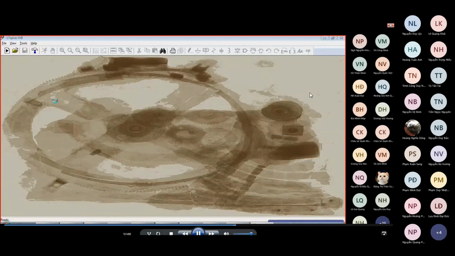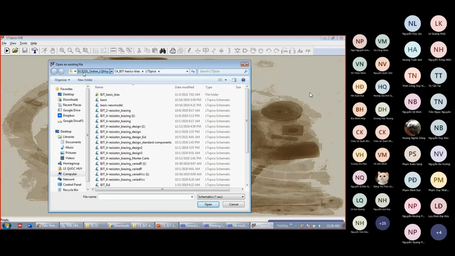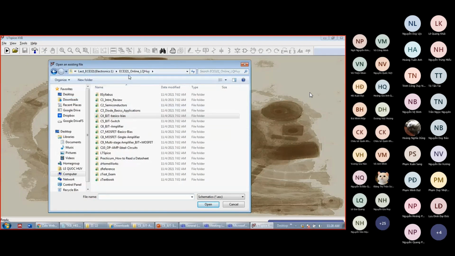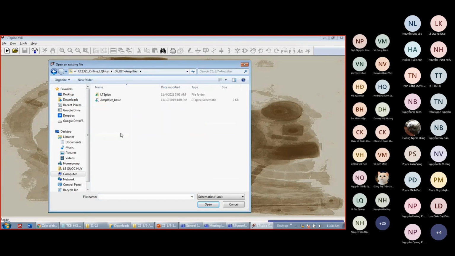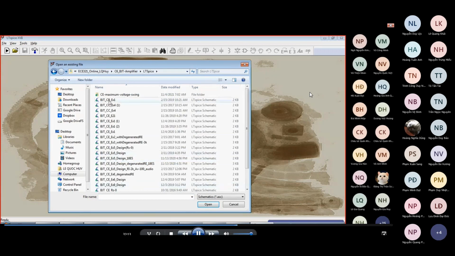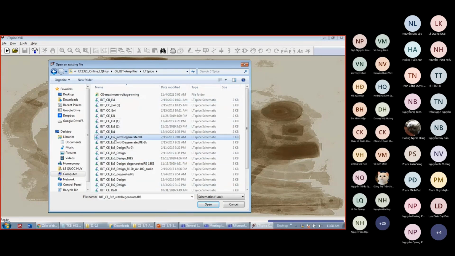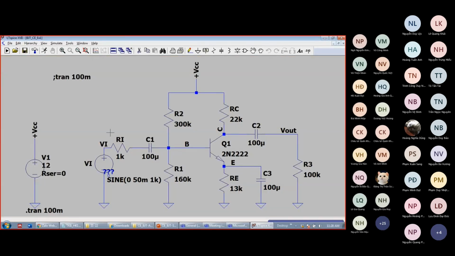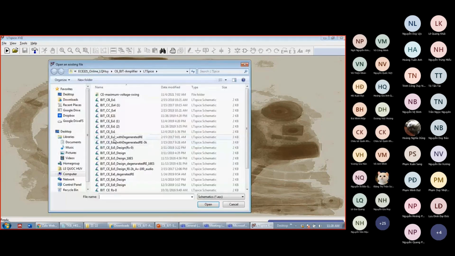So the simulation file, I have shared with you in the online folder. You can go see BJT Amplifier LTSpice here, and BJT Common Emitter Example 1. This one.